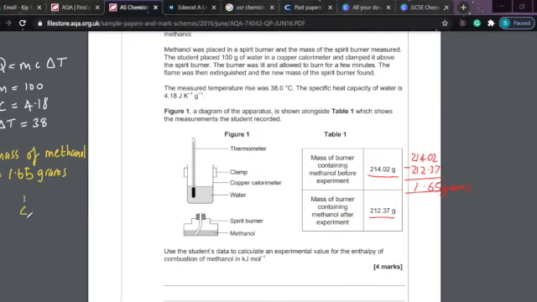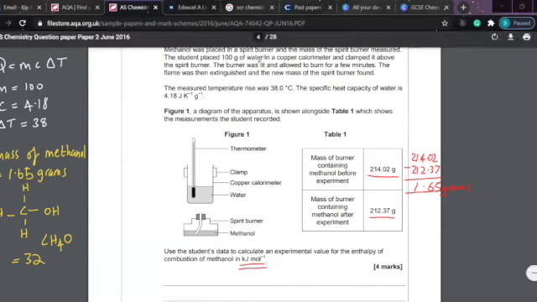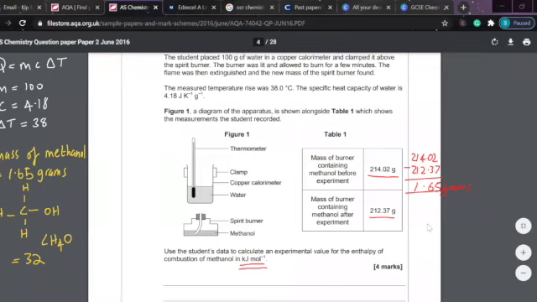Now I need to know the molecular weight of methanol, so I'm just going to draw it. That's CH4O, and if you add that up from the periodic table, it comes up to 32. So I need to know the Mr as well. And they want me to work out the enthalpy of combustion of methanol in kilojoules per mole.